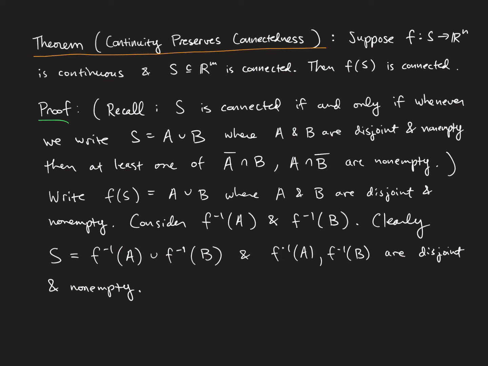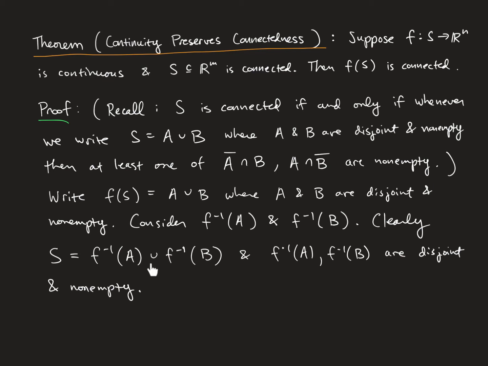Why is f inverse of A non-empty? Well, A itself is non-empty, so there's something in A, but by definition, A is in f of S, so A is f of something. That something is getting mapped into A, so that something is in f inverse of A. And the same argument applies to f inverse of B as well, to say that that is non-empty.